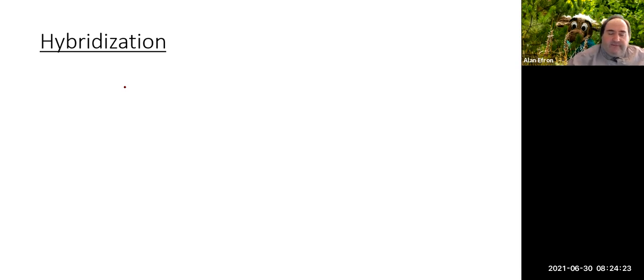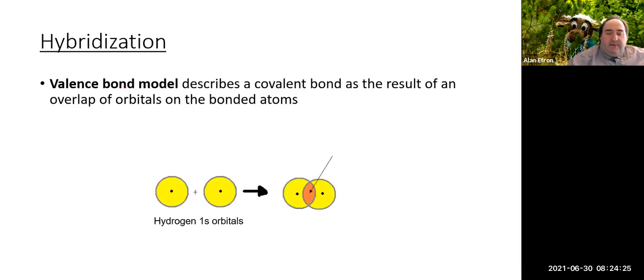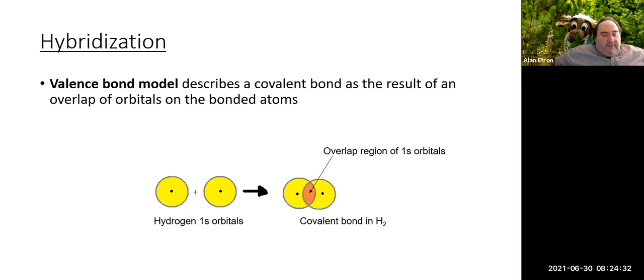Hybridization is a model that describes bonding in a slightly different way. The valence bond model describes covalent bonding as an overlap of orbitals, which is what we've been talking about. If we take the two 1s orbitals of two hydrogens and put together H2, we get this region of overlap.